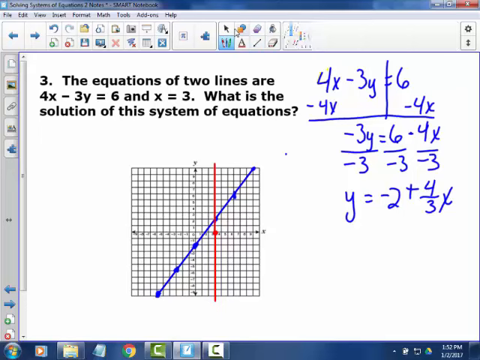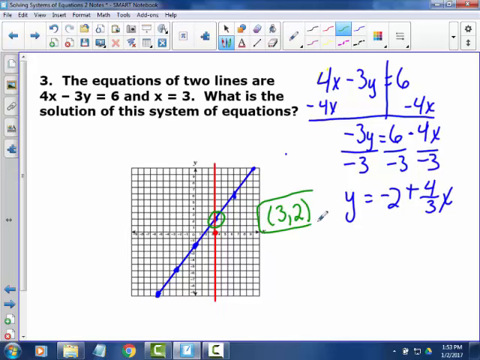And then we look to see where the lines intersect. Right here is the point of intersection, and that is at 3, 2. So (3, 2) is our solution. All right, let's take a look at another one.